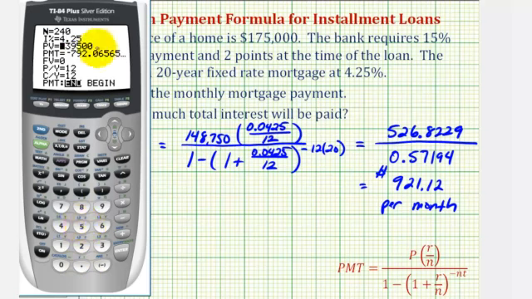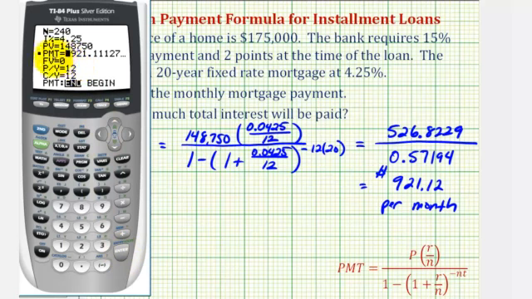The loan amount or present value is $148,750. We'll come back to the payment. The future value would be 0 when the loan is paid off. Payments per year is 12. Compounds per year is 12. Payments are at the end of the month. So now we'll go back up to payment, clear this, and press alpha enter for solve.